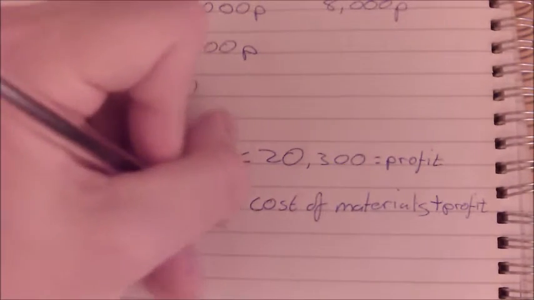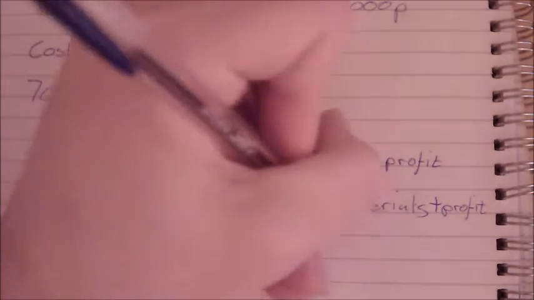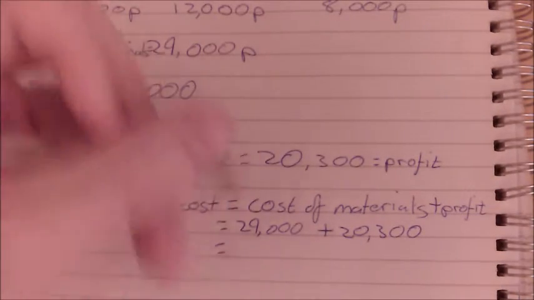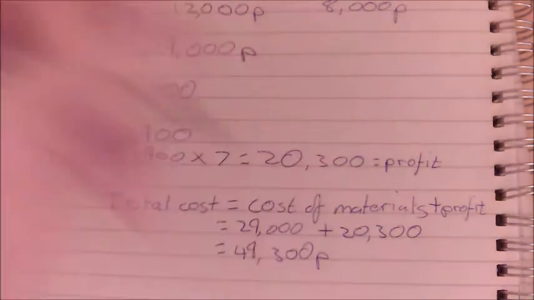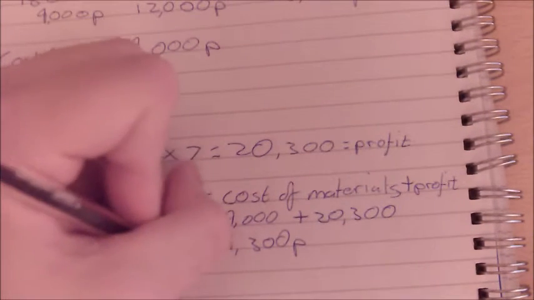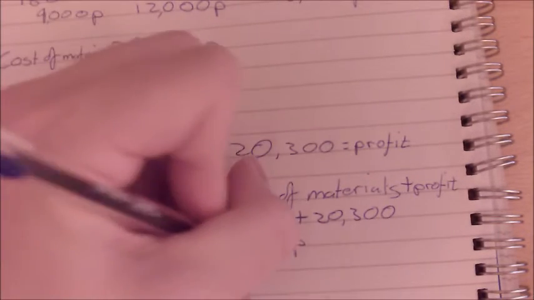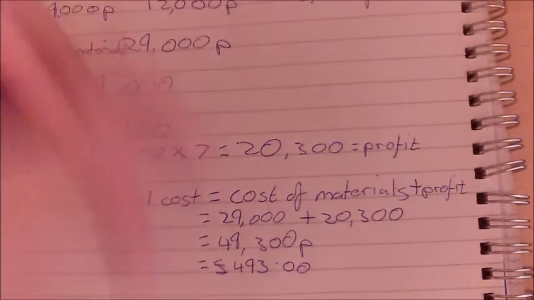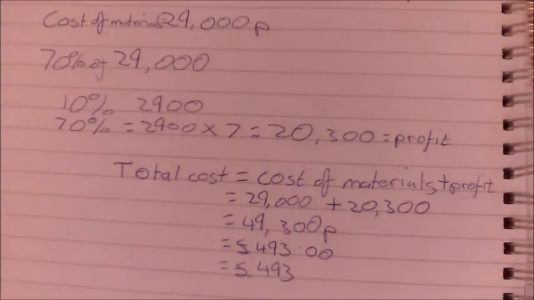And that's going to be 29,000 plus 20,300. And the total cost is then going to be 49,300 pence. And if you wanted to convert that back to pounds, it doesn't ask you to, but you can. That's going to be £493 and 00 pence. Or just £493. And that's the total cost for all 100 bracelets.